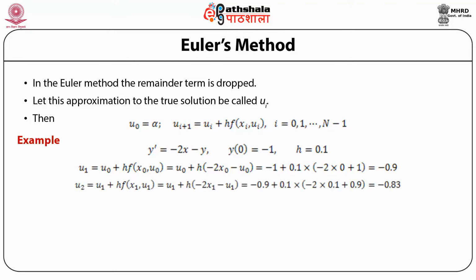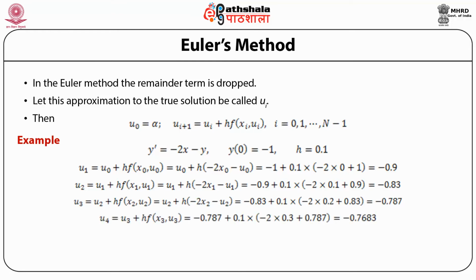Similarly, we can calculate u_2, which comes out to be minus 0.83. Then u_3, which is similar, u_2 plus h times f of x_2, u_2, which after solving gives the value minus 0.787, and so on, u_4 as minus 0.7683, and u_5, which is minus 0.77147.